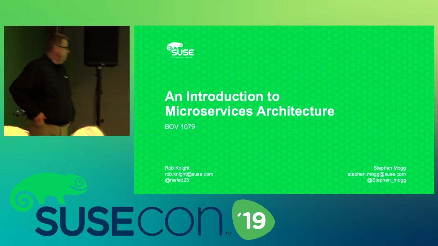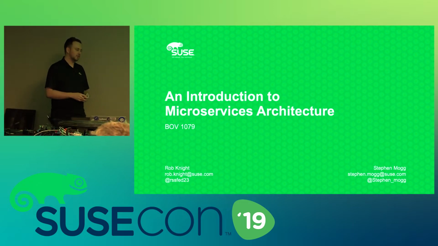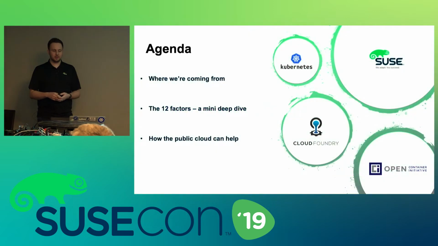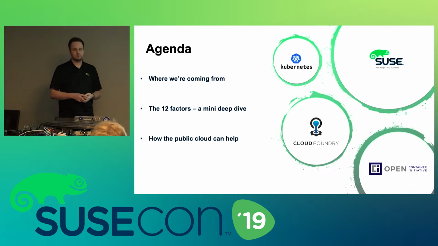Thank you. So today we're going to talk a little bit about microservices architecture and give a very brief introduction to them. Going to briefly explain why some of these things are important, and then we're basically going to talk through the 12 factors.